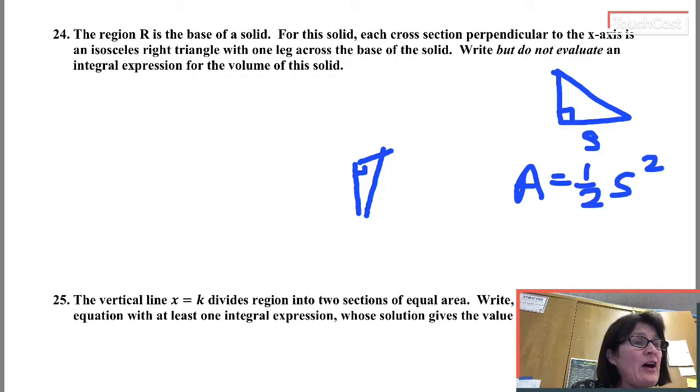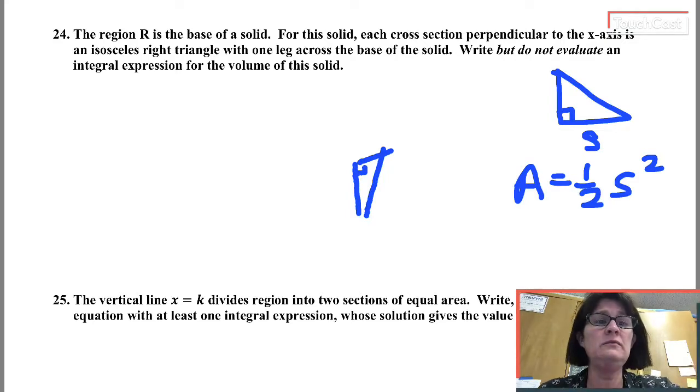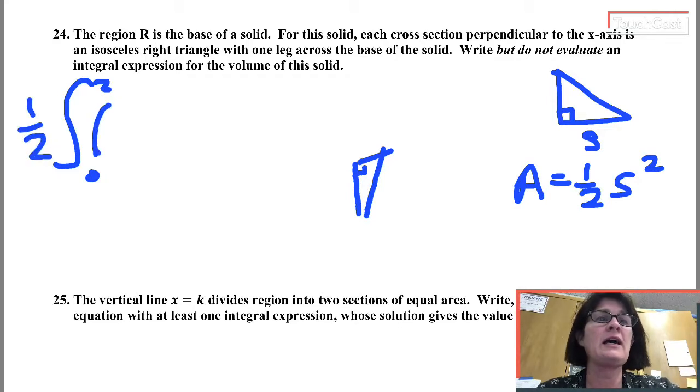So turns out, another way to think about it, that's just my cheese slice from the last problem cut diagonally. So it has an area that's 1/2 of the cheese slice from the last problem. So I'm going to have an integral from 0 to 2, 1/2 side squared dx.